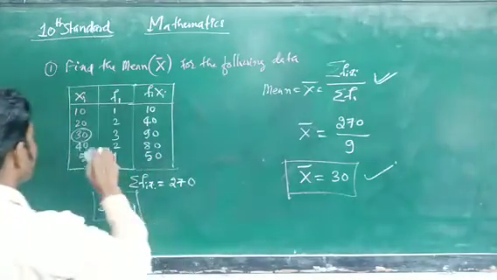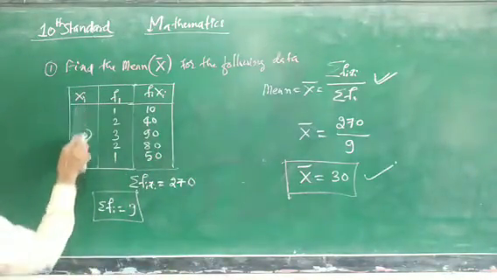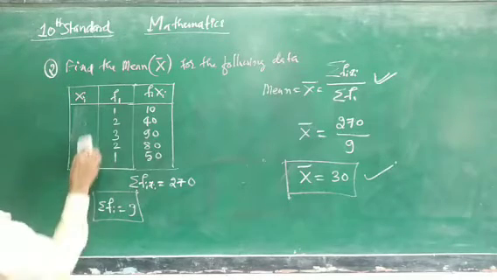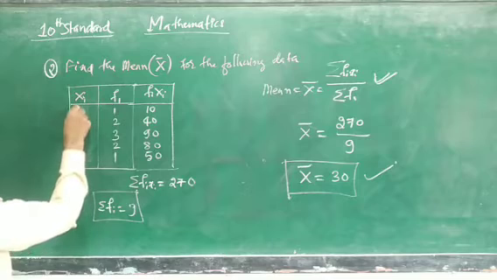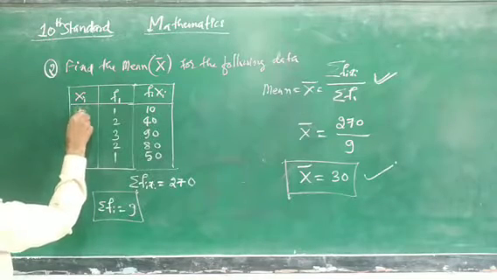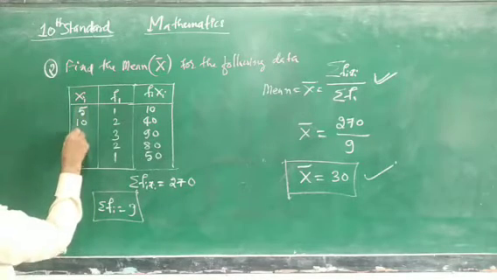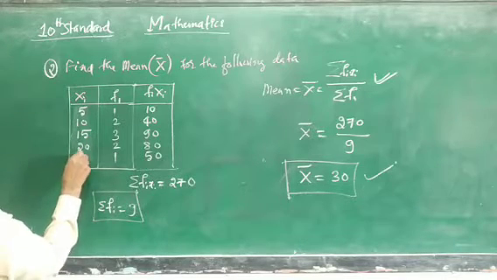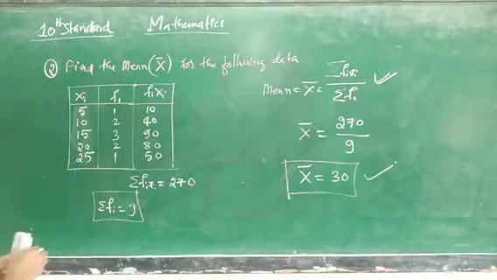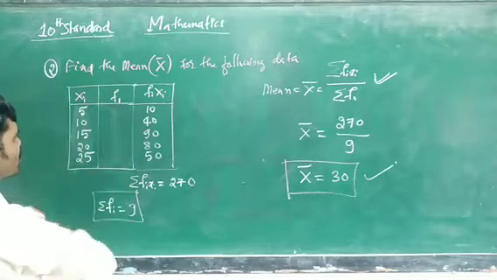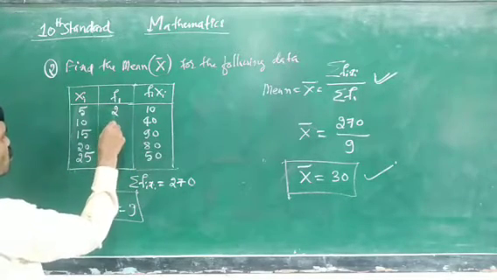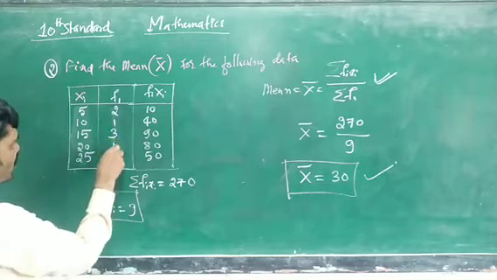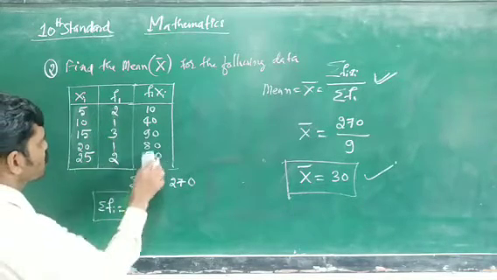I change the data here. The values are 5, 10, 15, 20, 25, and the frequencies are 2, 1, 3, 1, 2.